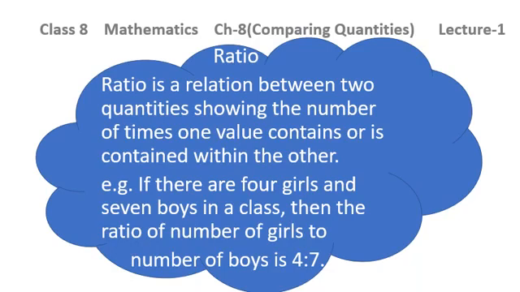If there are 4 girls and 7 boys in a class, then the ratio of number of girls to number of boys is 4 ratio 7. In usage, we just use fraction and ratio in a similar way, but I hope you have understood the difference between these two.